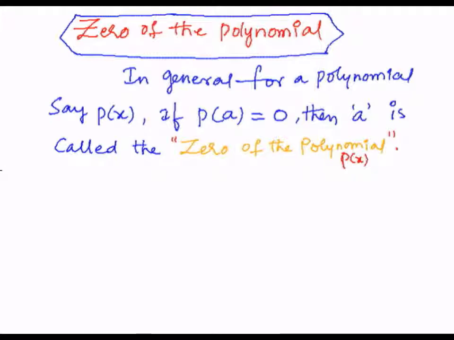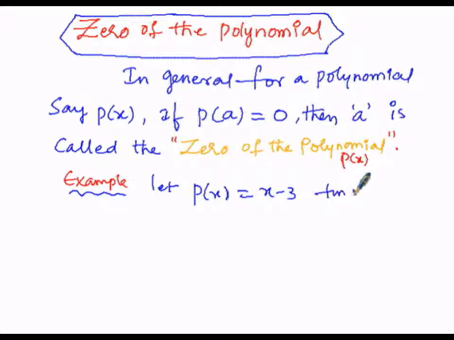So now let us perform one example under this. Let the polynomial p of x be x minus 3. Then here we have to find the 0 of the given polynomial.